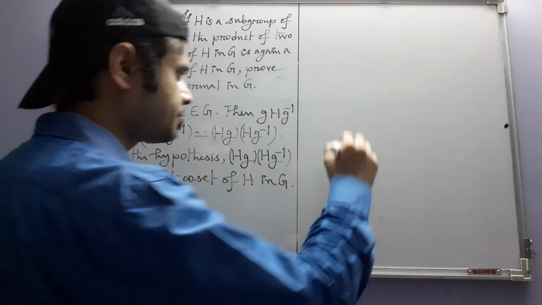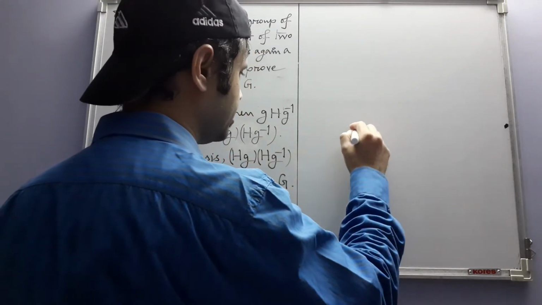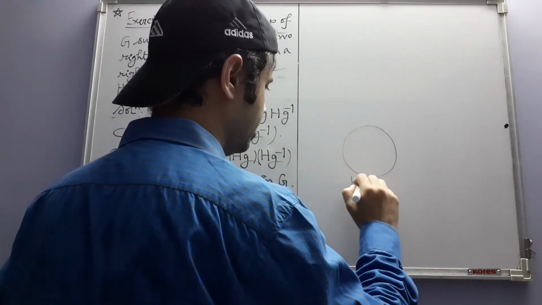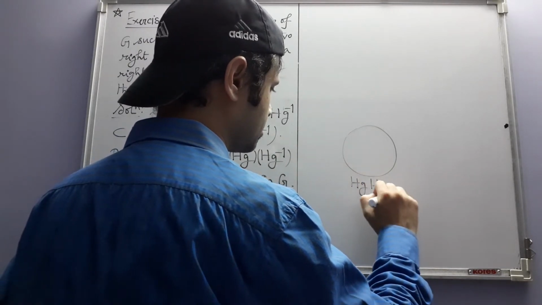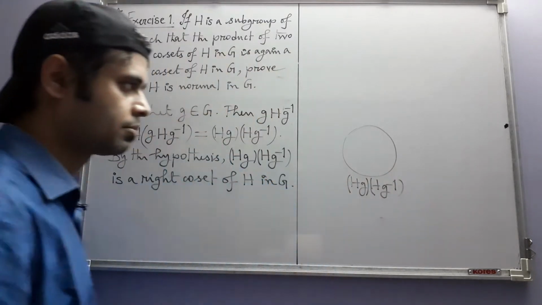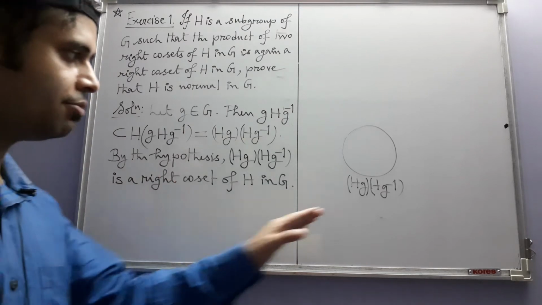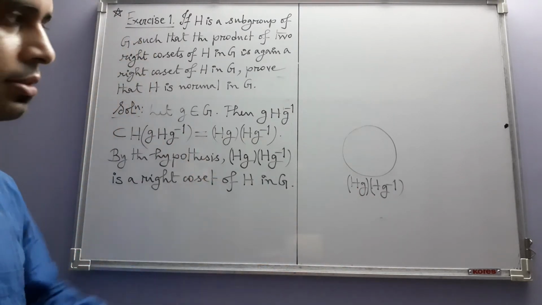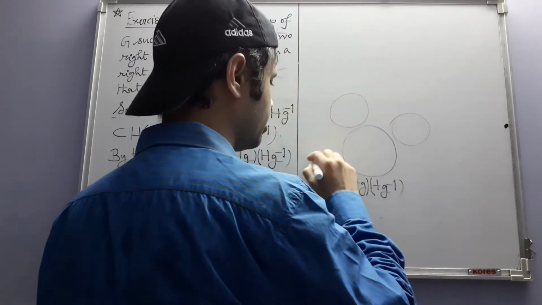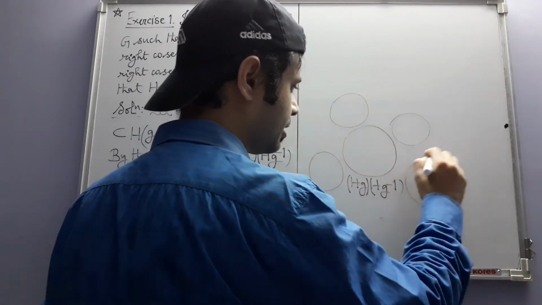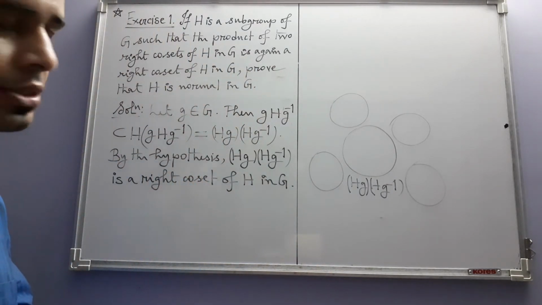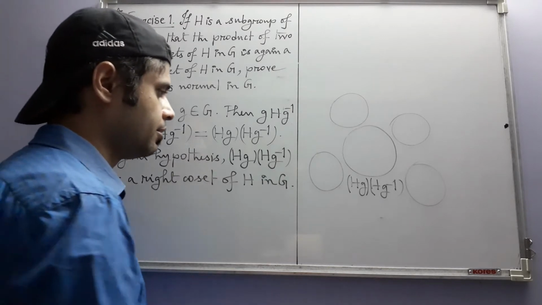Note that, say you have the set here, this product, Hg inverse, and it is given that it's a right coset of H in G, and you have the other right cosets also, which are disjoint from this one. In fact, they are mutually disjoint. If you take any two of them which are distinct, then they are disjoint.